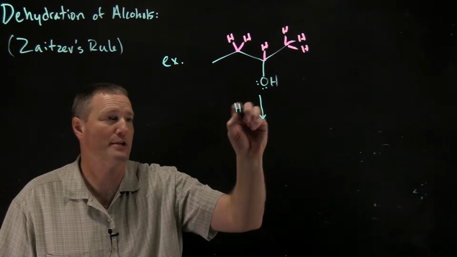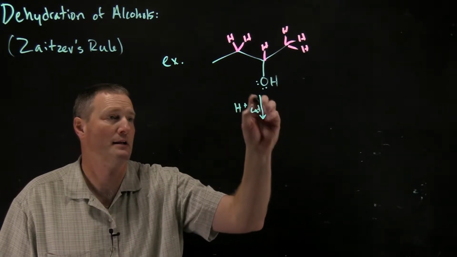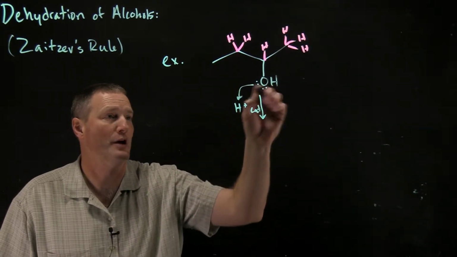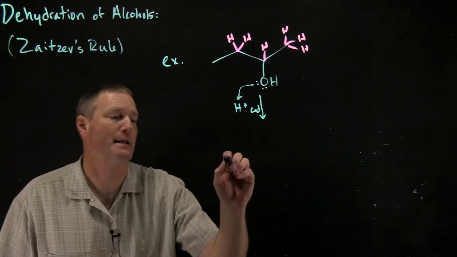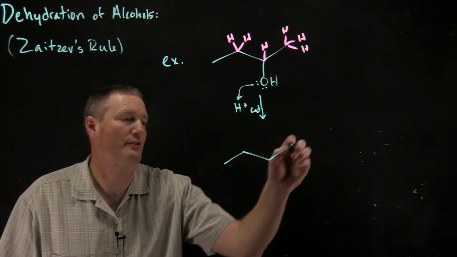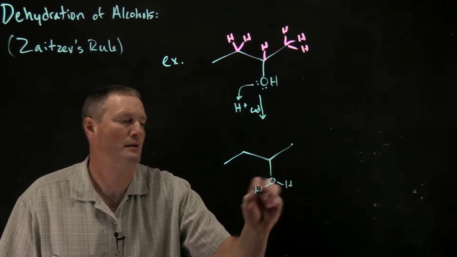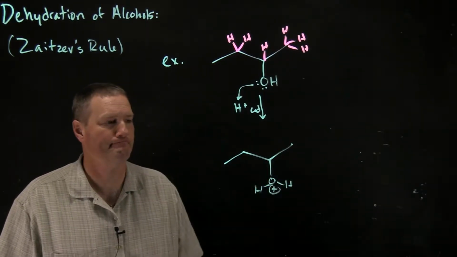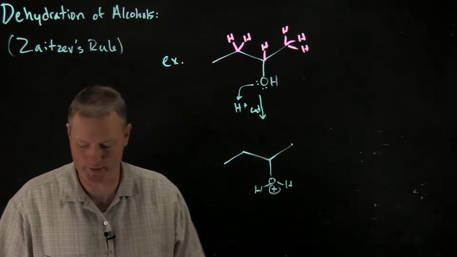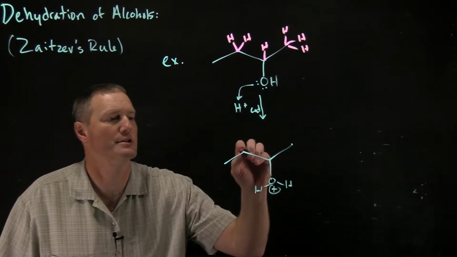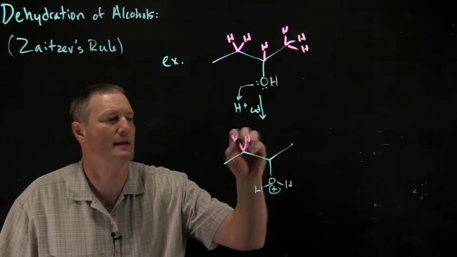So when we add our H+ catalyst, the OH group becomes protonated, and we would now have something that looks like this. Okay, and let me go ahead and draw in the other hydrogens, just so we'll be consistent.